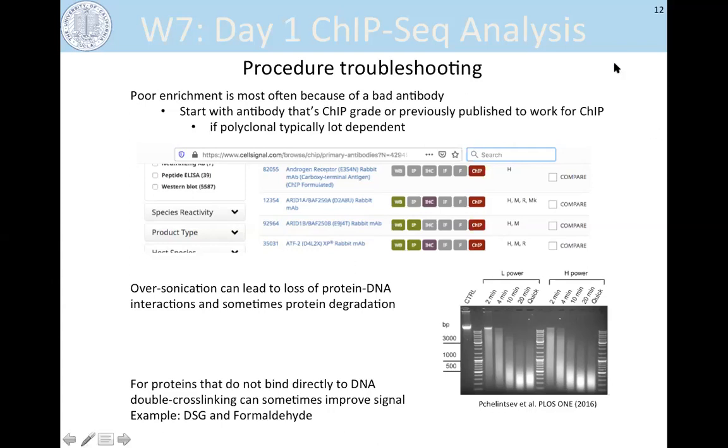A quick question. What is your opinion on, so I know that there's protocols that use MNase as a means of digesting the DNA. Would you expect some combination of sonication and MNase to be a workaround for the oversonication issues, or for sensitive proteins like RNA polymerase or others? Yeah, so I don't have any experience using MNase.